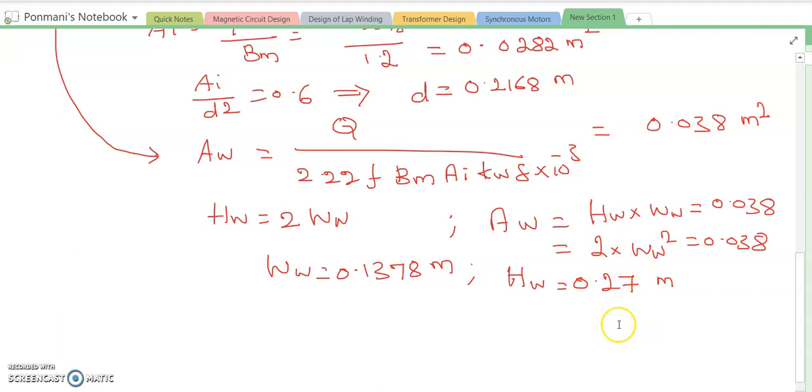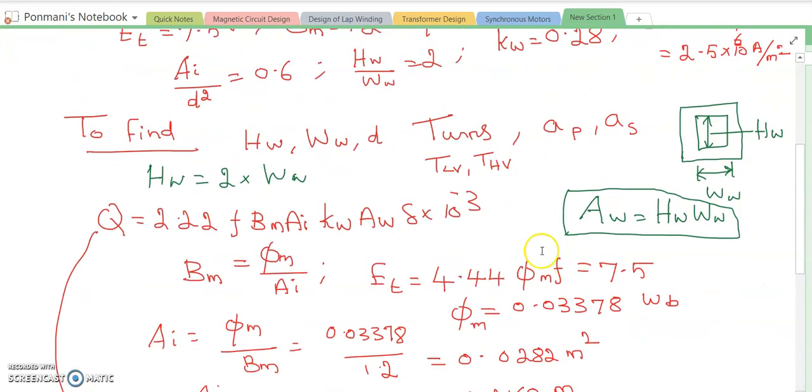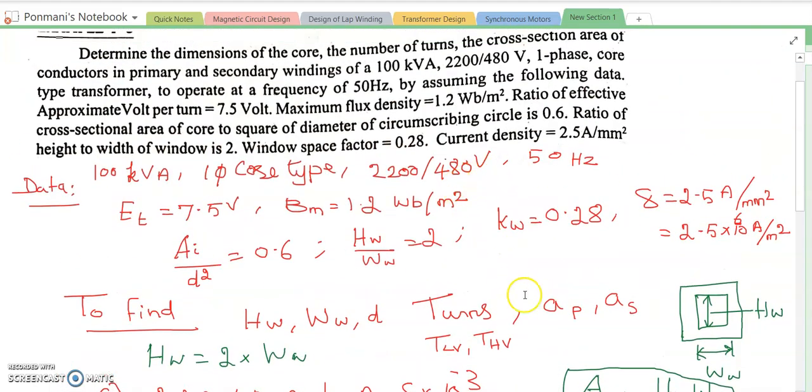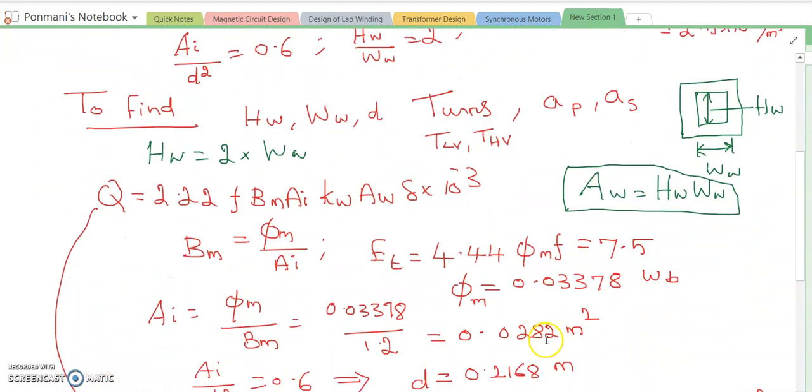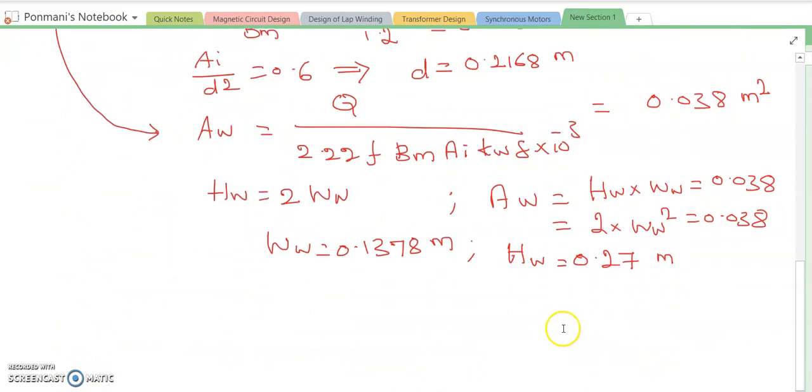The capacity of the transformer is given, so from that you can calculate the number of turns, and then delta is given, so from that you can calculate the area of cross section of the conductors. For that, very simple, EMF per turn is given. So you can take the secondary side.